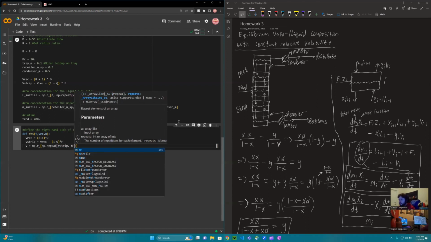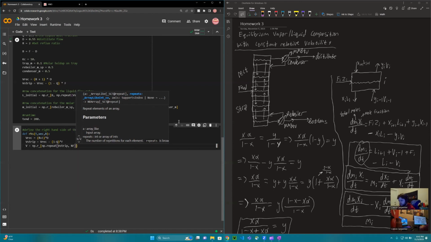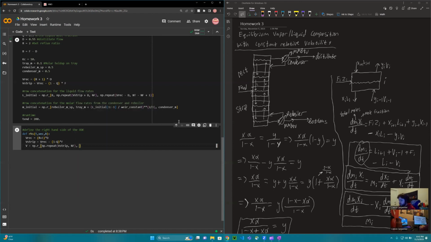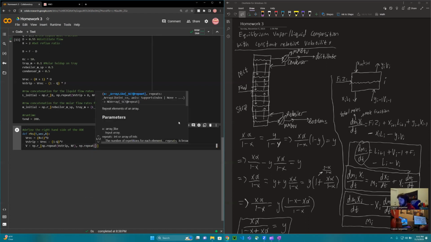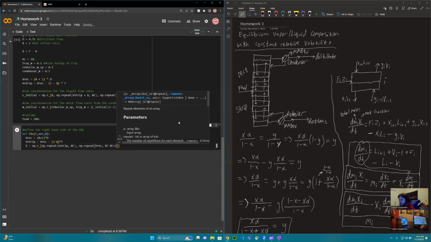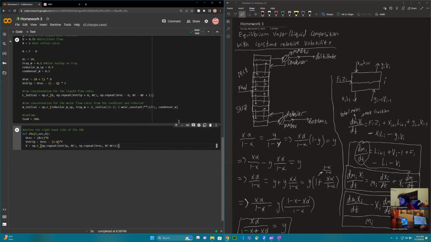So we'll repeat V strip NF for the amount of NF times. NP repeat of Vrec plus 1, okay, and that's going to be our row concatenation for the total condenser. I'm going to put in the total condenser vapor flow rates.